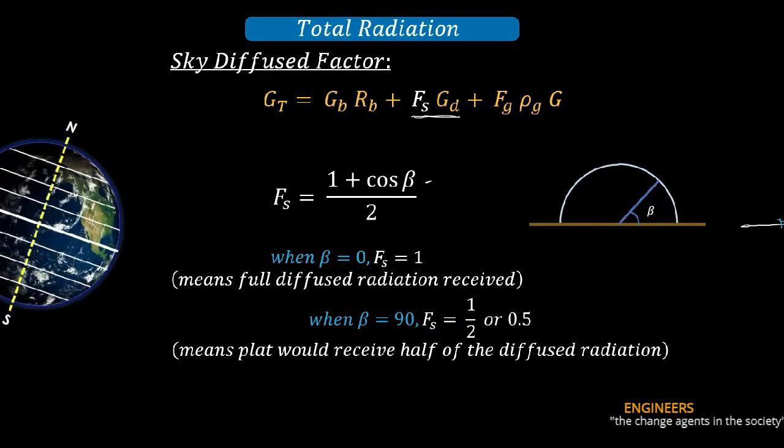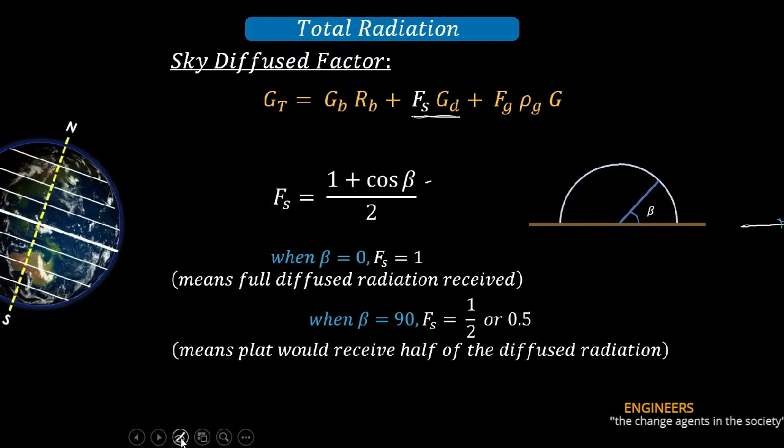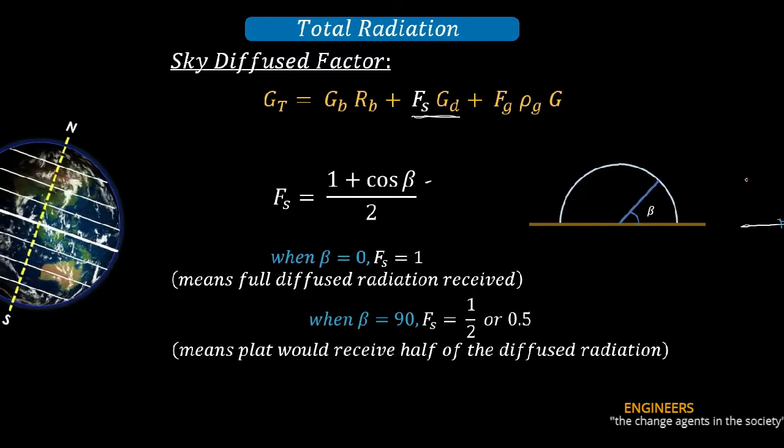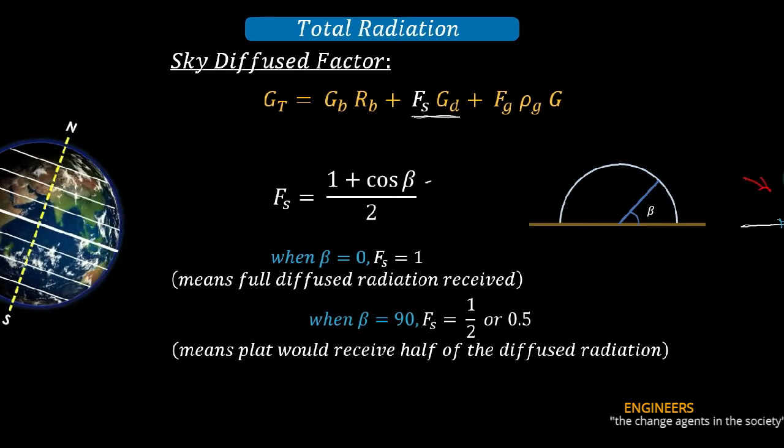In this case, beta, the slope, is going to be 0. So cos 0 is 1, which means the photovoltaic module or solar thermal collector would be receiving the total diffuse radiation coming from the sky.